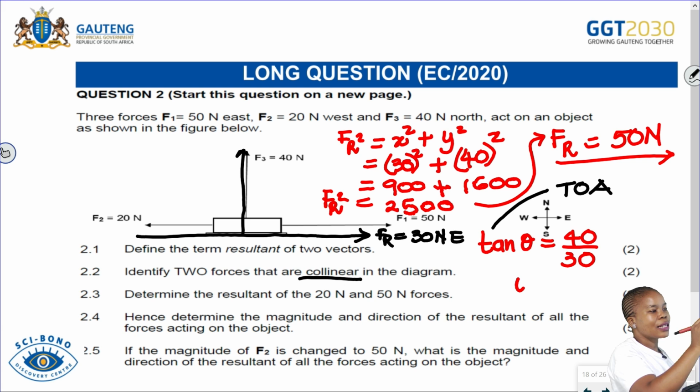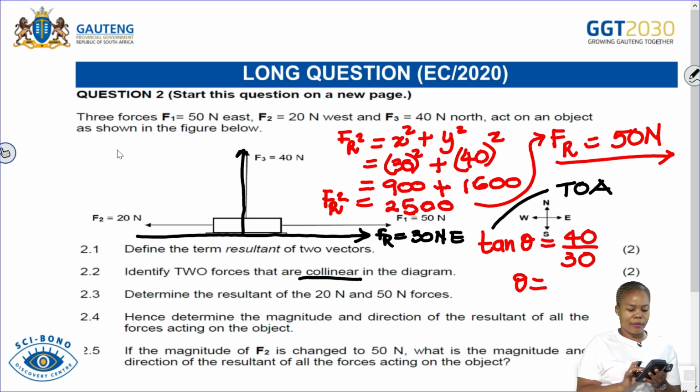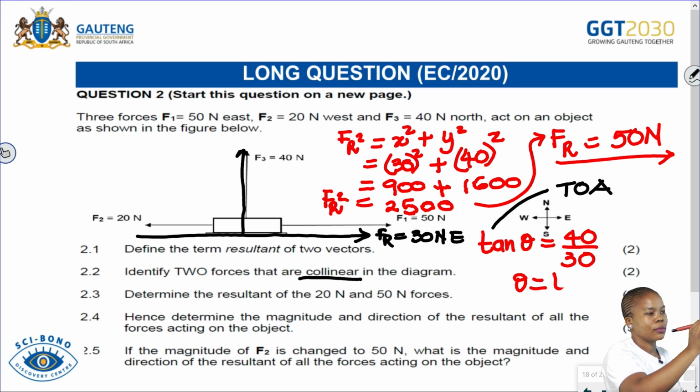So theta is equal to, we say second function, tan, of 40 over 30.